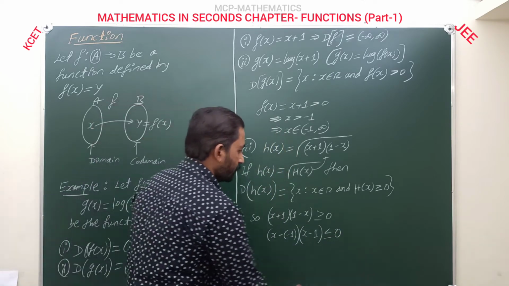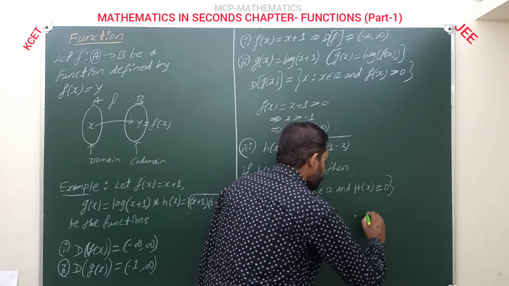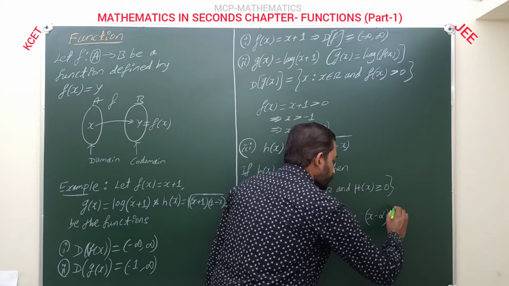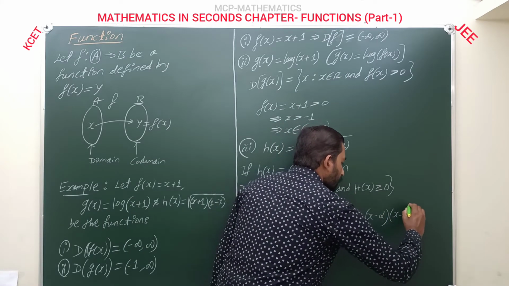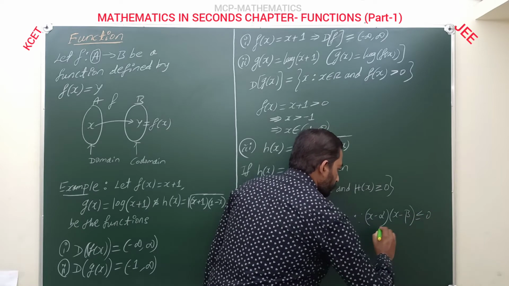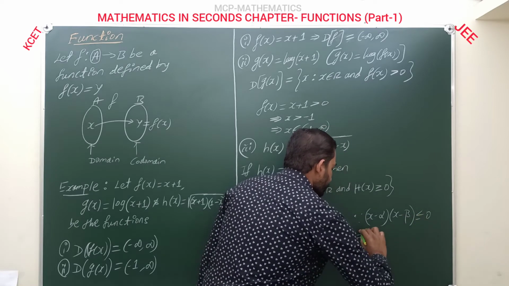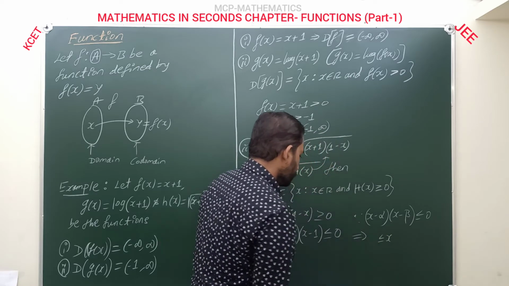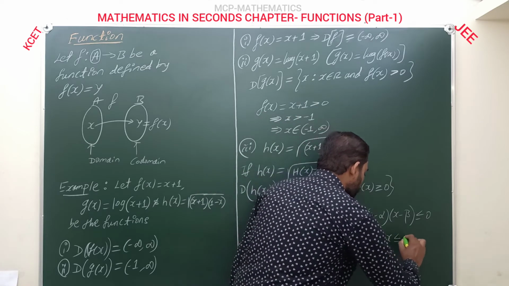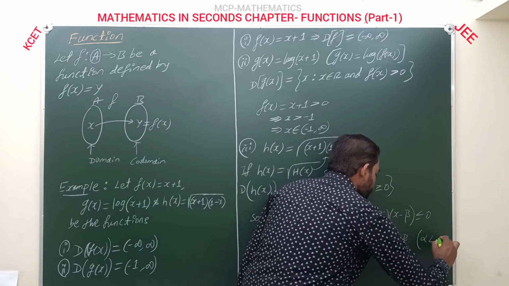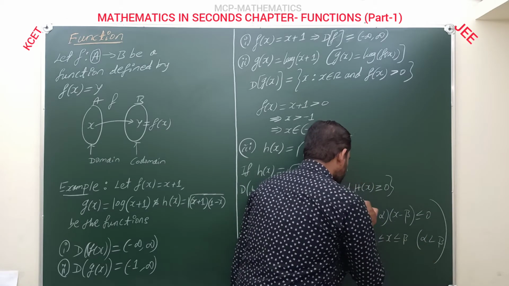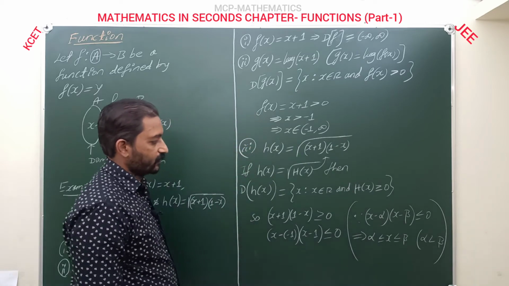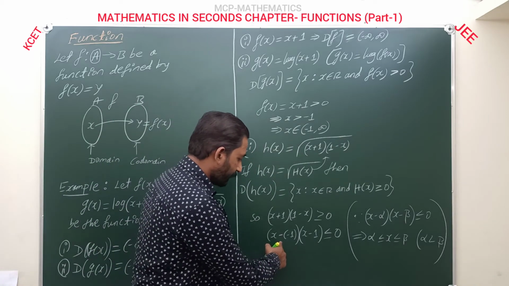So this is in the form of (x minus alpha) into (x minus beta) less than or equal to 0. This implies x is greater than or equal to alpha and less than or equal to beta, where alpha is less than beta. Using this linear inequation formula, we can directly write the x values.